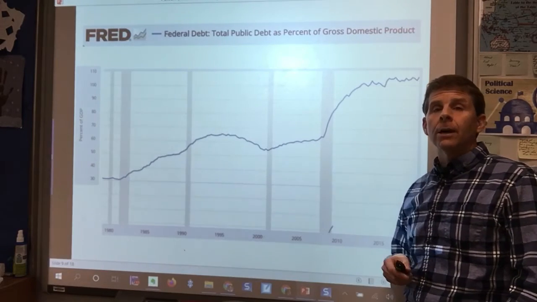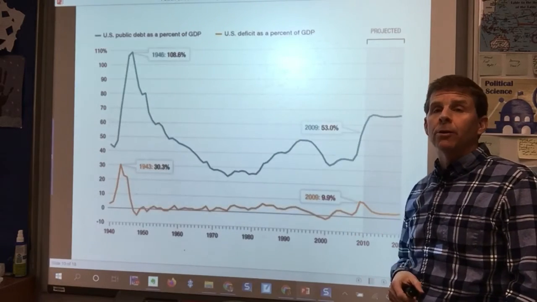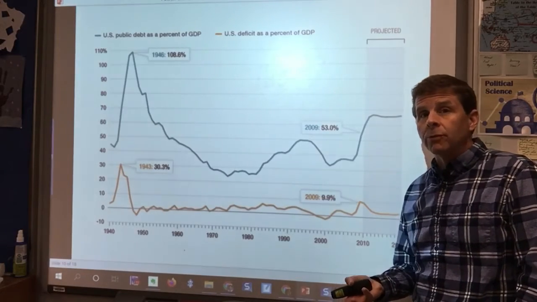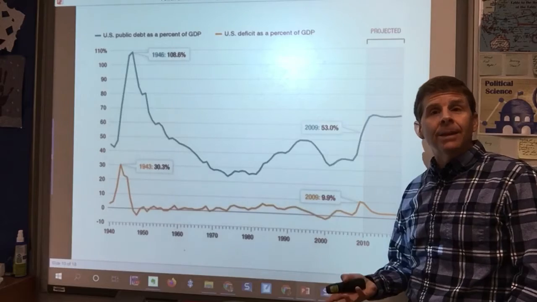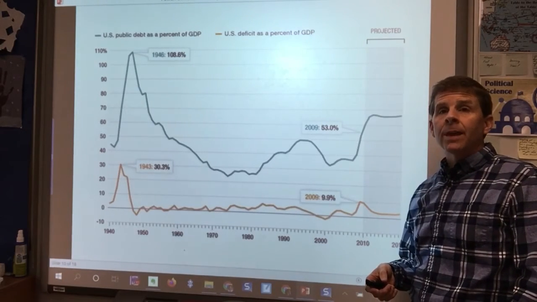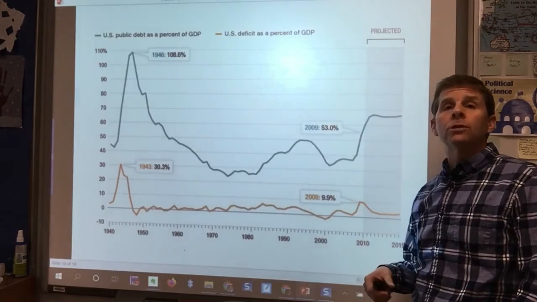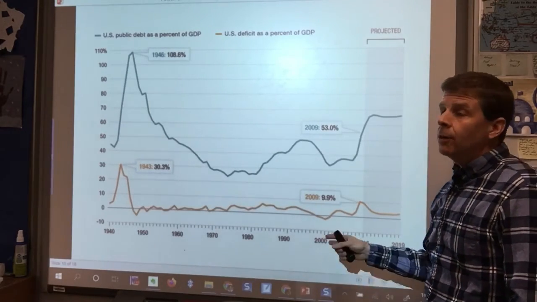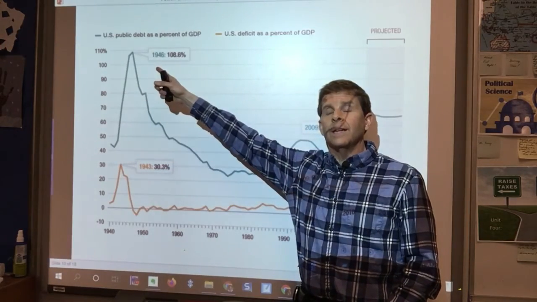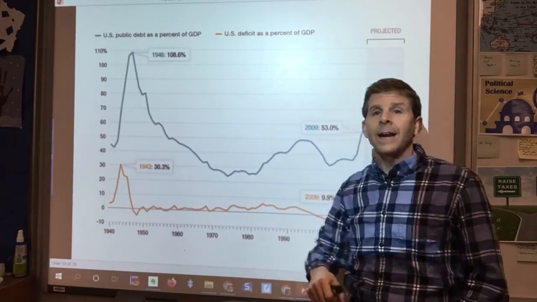This graph here that comes from FRED could be compared to this graph here that comes from NPR, National Public Radio. They're certainly not an economic source, but they're a reputable source besides. If you take a close look at this graph, number one, it goes back a lot further than FRED's. It goes all the way back to World War II when our debt-to-GDP ratio was about that high.